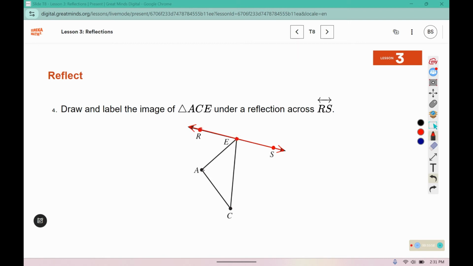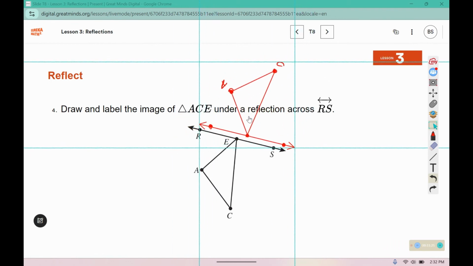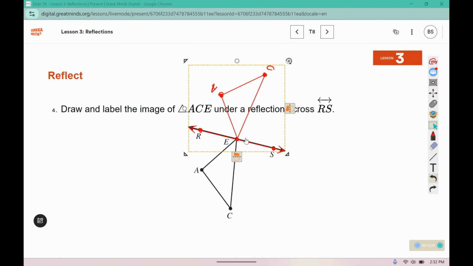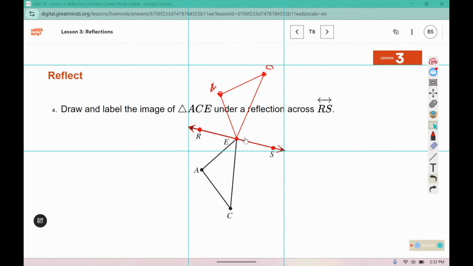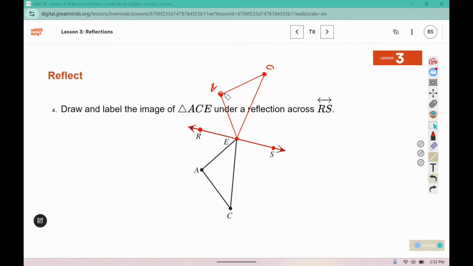And E, A, and C. We're using a straight edge whenever possible. Now we're going to reflect over the line. Make sure our line is lined up. And we will trace our figures on our actual workbook page.